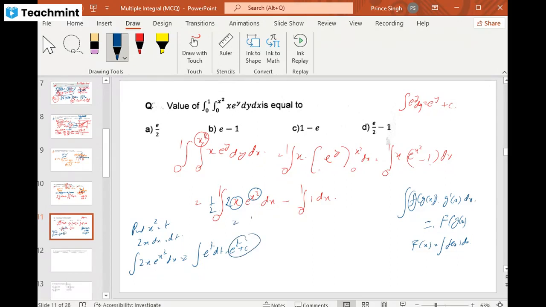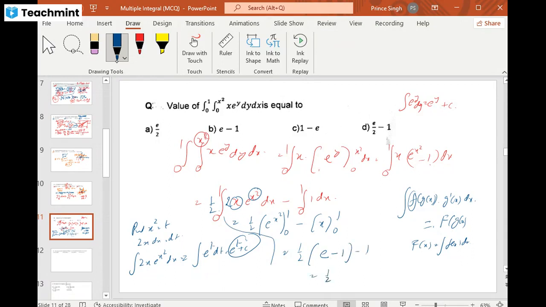So if you substitute here, this is 1 by 2 times e raised to power x square with the limit 0 to 1. And here the integral of dx is x with the limit 0 to 1. So I'm substituting the limit: e minus 1 minus 1.